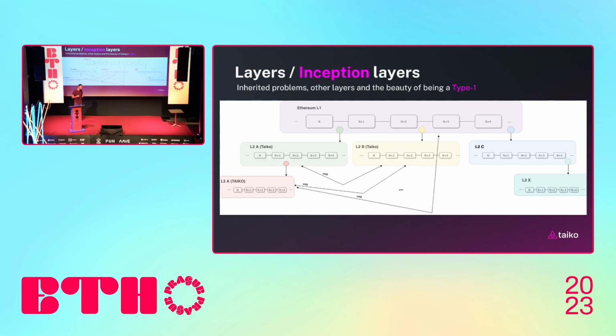Let's imagine, I was working at a gaming company, a mobile company, and they were trying to build up a blockchain department. So what could happen is that we have this beautiful solution from Taiko, a type 1 network, and they want to have their own chain. What they could do is simply spin up an L3 network on top of Taiko, or others like Scroll or Polygon can even launch on top of L2.